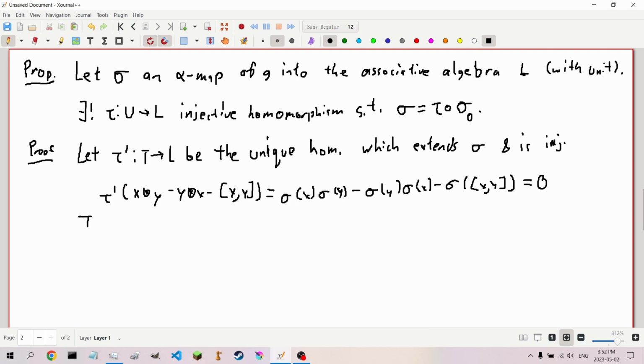This gives us that the restriction of tau prime to J is 0. It's a 0 mapping.